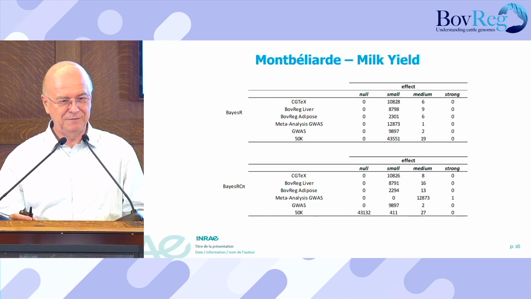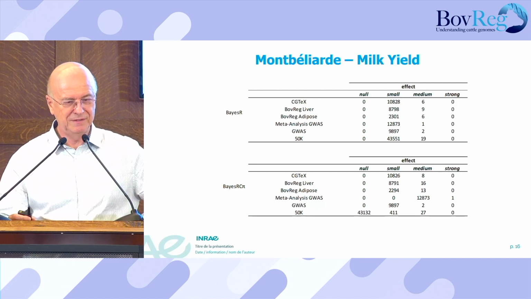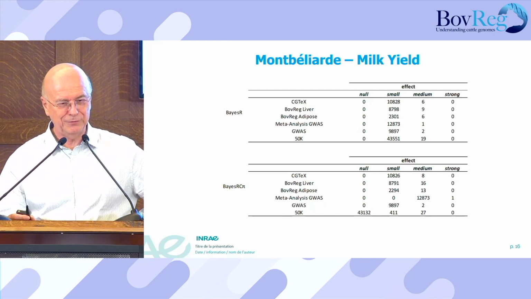In any case, if you compare BiasR and BiasRC, the distribution of the SNPs is quite different. First of all, initially I would have expected plenty of variance in the null category.